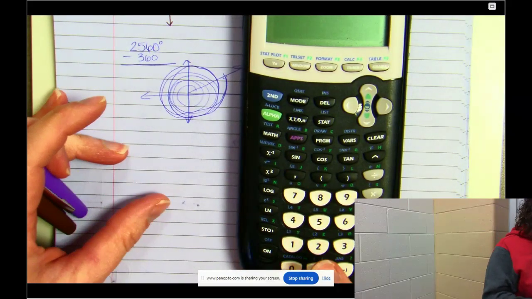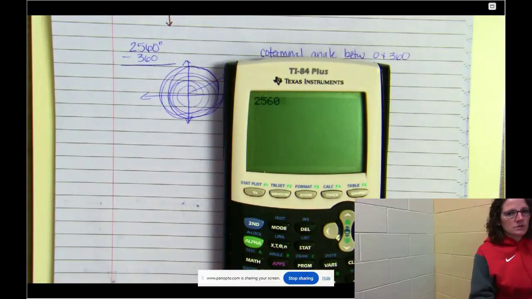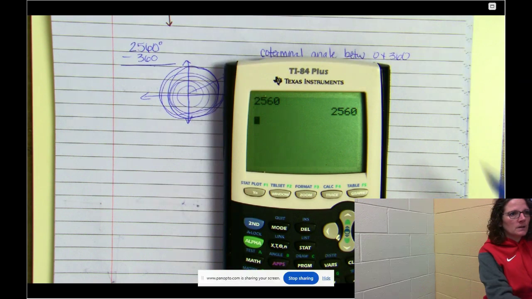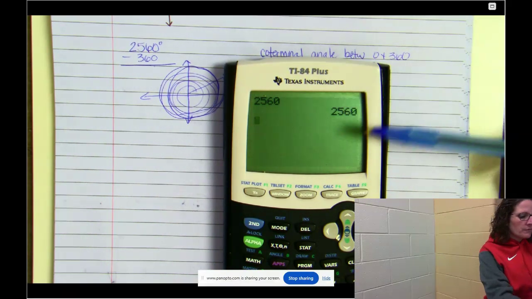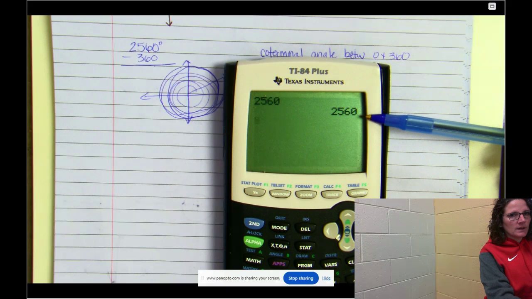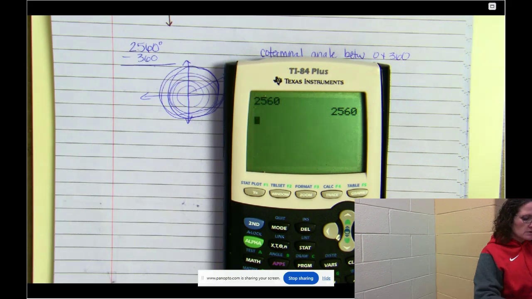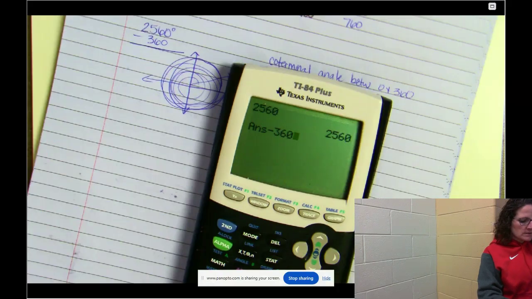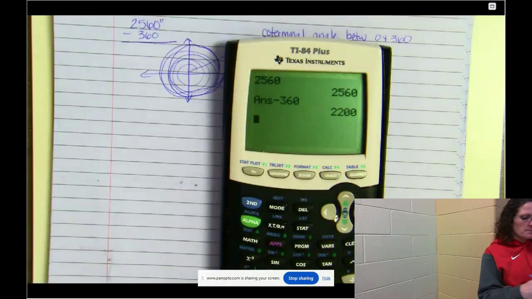You don't have to type in minus 360 every time. If you do your starting point, 2560, and hit enter, then just minus 360, you can just hit enter. It will just go.